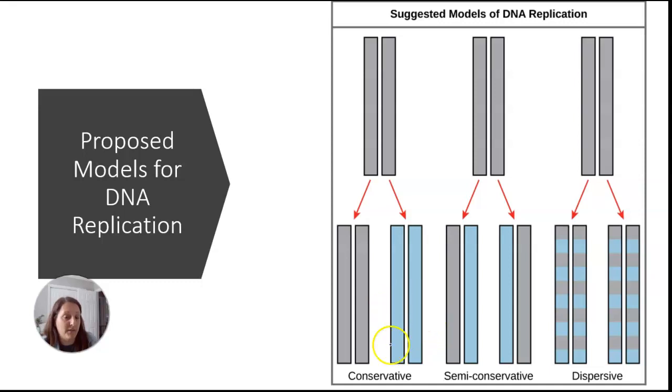So off the bat, if this model were correct, after the first generation, we would see a split. And we would have 50% of the DNA down at the bottom of the density gradient, made up of just heavy DNA, and 50% of the DNA up at a higher band, made up of N14, just light DNA. We don't see that in their experiment. And so after the first round of replication, the conservative model gets thrown out the window. It's not supported by the evidence.